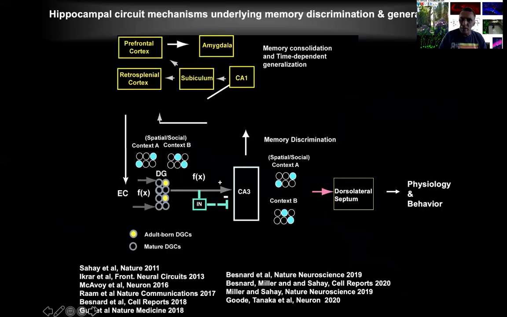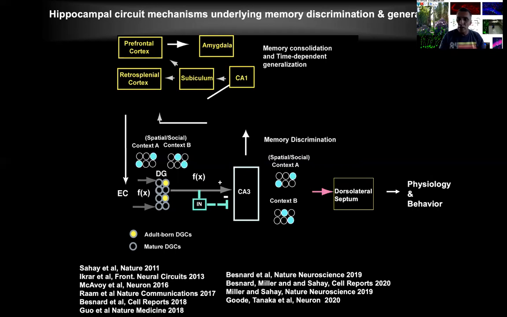A major effort in my lab, as I said earlier, is looking at that wiring diagram of the hippocampus and trying to identify a causal role for circuit motifs in the functions of the hippocampus in memory processing. A few years ago, we identified an important role for adult-born neurons in the dentate gyrus in the discrimination of similar contexts by governing population-level activity in the dentate gyrus.